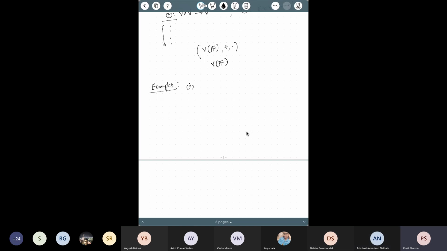So R over R, this is what you said. C over R is a vector space, under the addition and scalar multiplication defined on C. What else? C over C.